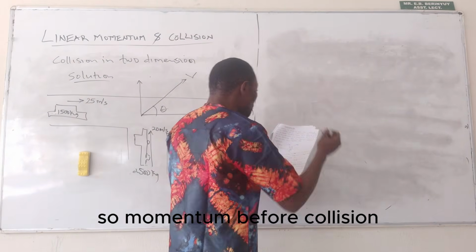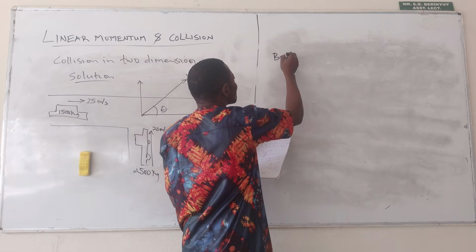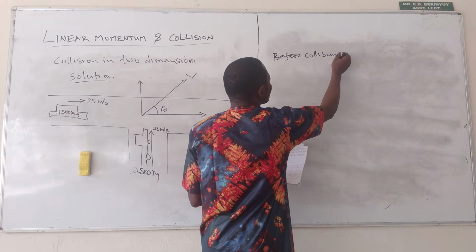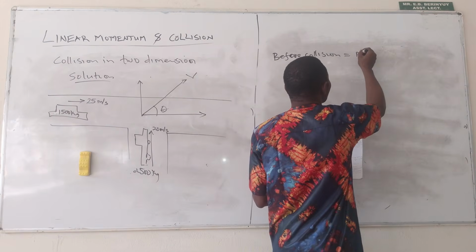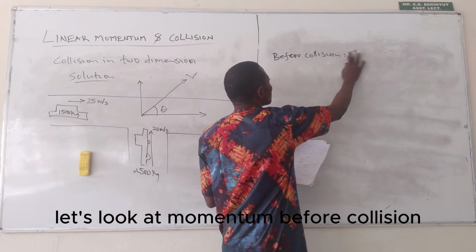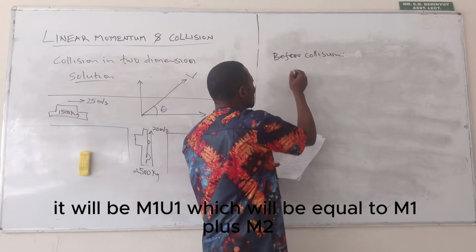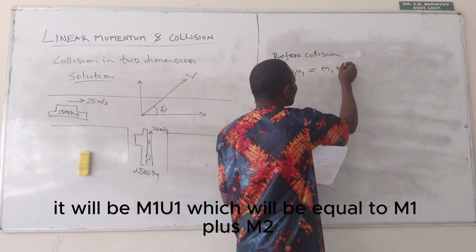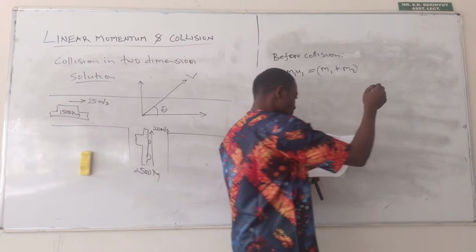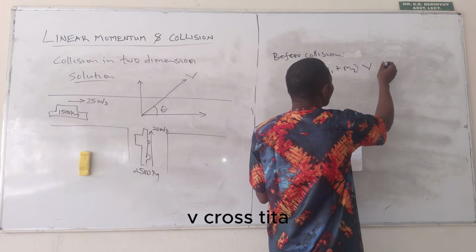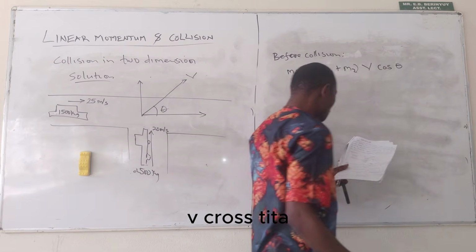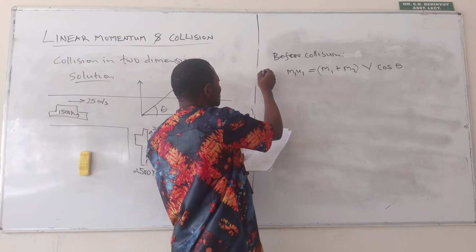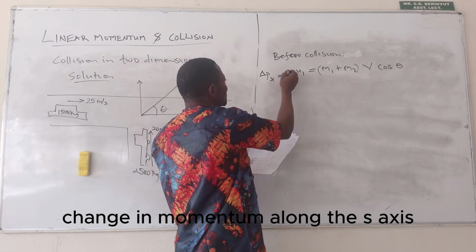So momentum before collision. It will be m1 u1, which will be equal to (m1 plus m2) v cos theta. That is along the x-axis, change in momentum along the x-axis.